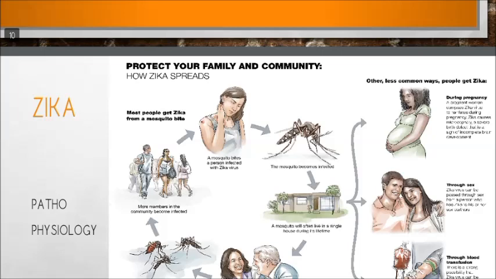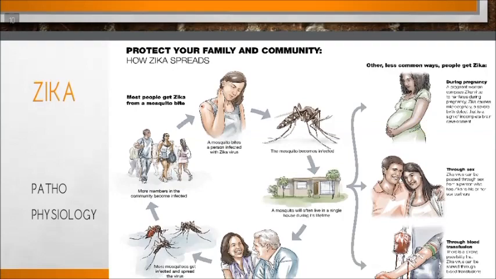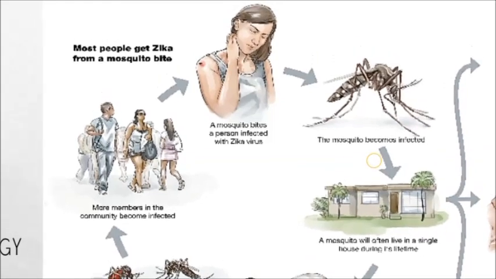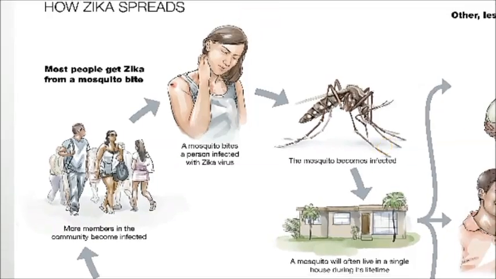So this is how Zika spreads in the family and the community. This is a continuous cycle, but let's just assume that it starts here. If there are travelers who have vacationed in other countries infected by Zika virus, and the person becomes infected because of mosquito bites, he or she will feel mild illness, rash illness, or joint pains.